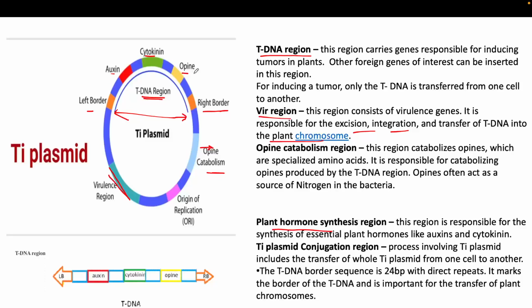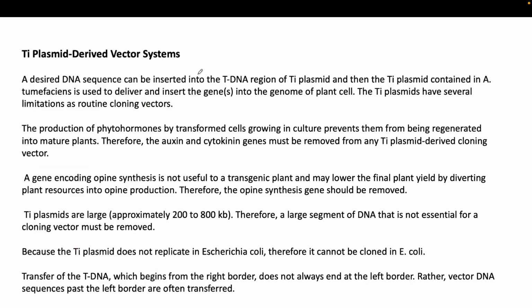It is useful for the Agrobacterium, the bacteria. So that's why we don't want to spend much energy to synthesize opine, and we also have to remove this opine gene as well. Okay, along with auxin and cytokinin, we have to remove the opine gene also.